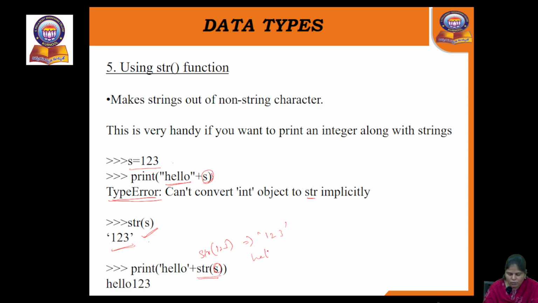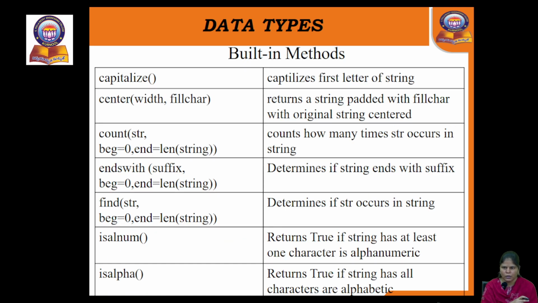So hello plus "123", what will be the output? Just concatenating. So hello 123 will be the output. This is the output string which we got, right? So whenever you want to convert any integer string or float string into normal strings, you can use a function called str.